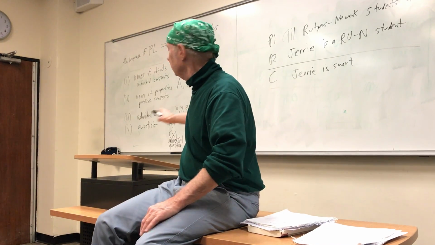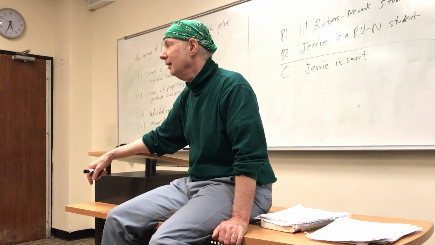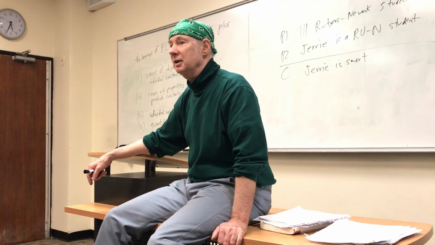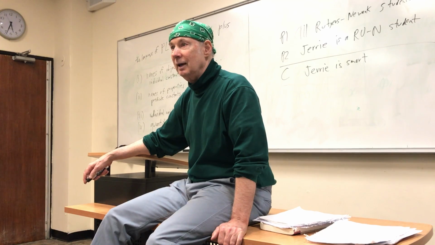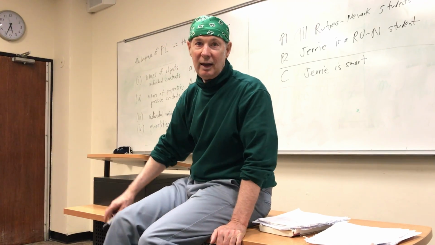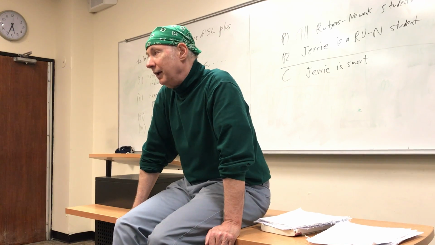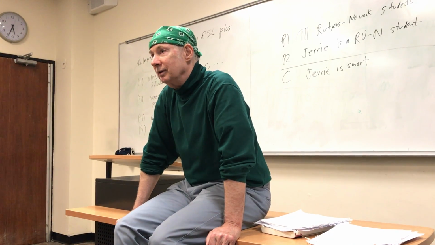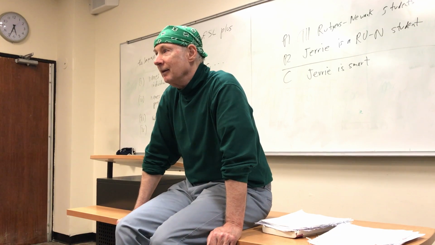I can rewrite a universal quantifier as an existential quantifier, and I can rewrite an existential quantifier as a universal quantifier. And you may think, how can you do that? But remember, you didn't think you could write a wedge as a horseshoe until we showed you how to do it.